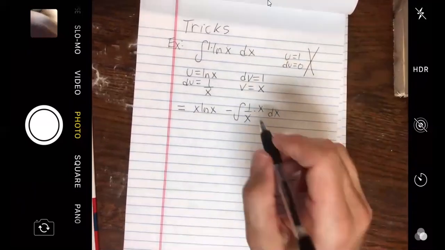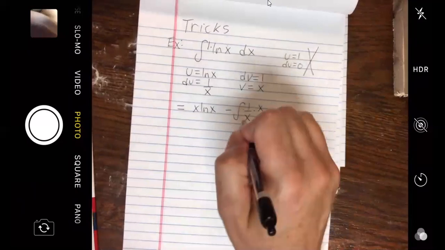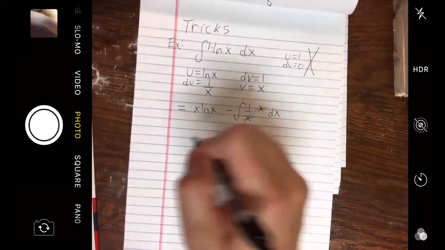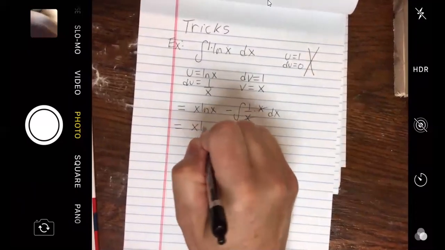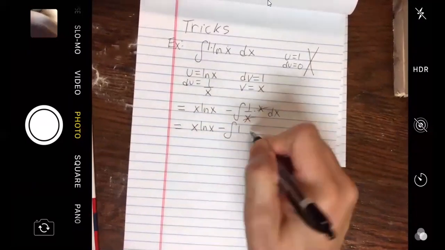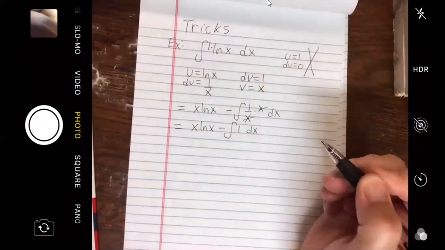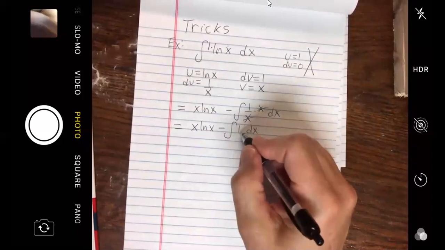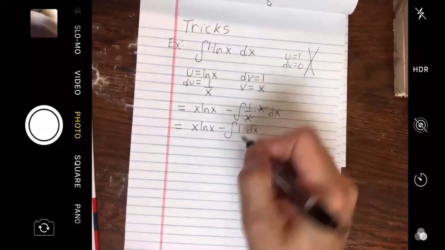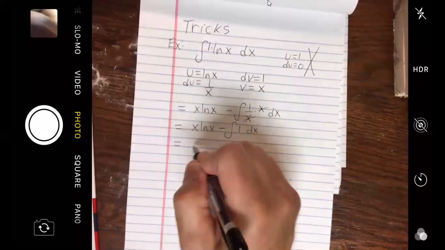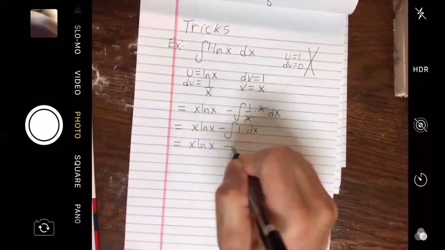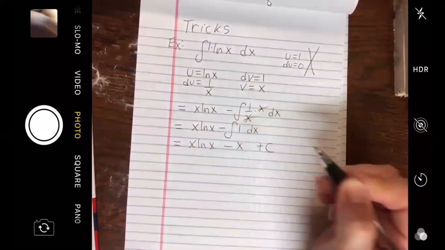The idea is that it's supposed to come out simpler, and you can see it does. The x's cancel. x log of x minus integral of 1 dx. That'll be the second time we've done this integral. You did it up here, and now you're doing it here. That's x log x minus, bring back the x, plus c.